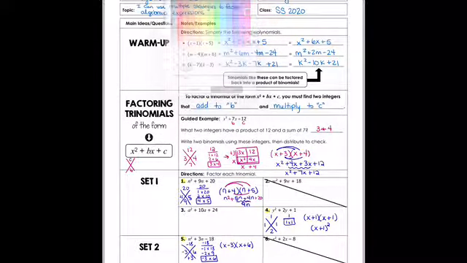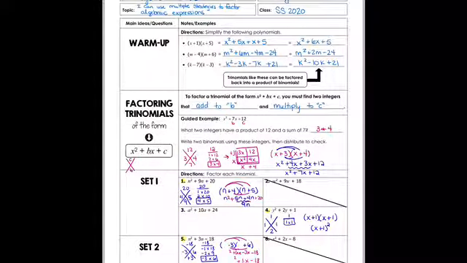It's a good idea to always double check. X times x is x squared. X times 6 is plus 6x minus 3x minus 18, which gives us x squared plus 3x minus 18. We weren't using x's, we were using n's.